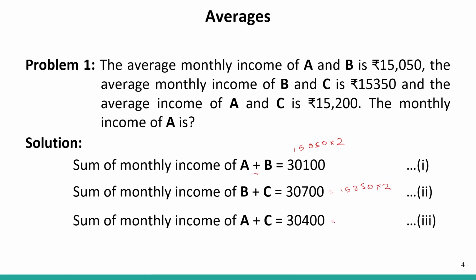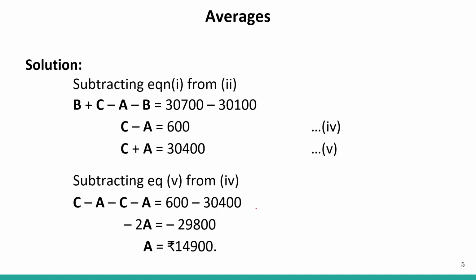And the sum of monthly income of A and C is equal to 15,200 into 2. So this is how we got these values, 30,100, 30,700, and 30,400 for the sum of monthly income of A plus B, B plus C, and A plus C respectively. Okay, so let's go forward.